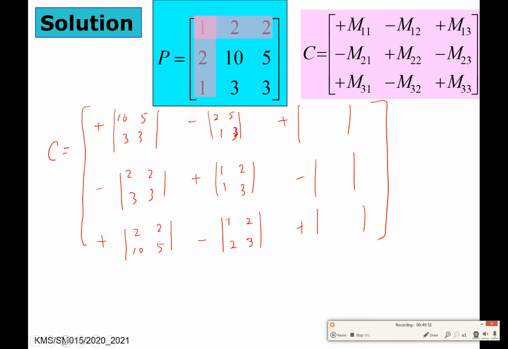I thought this would be a mistake. So 3, 2. Where is the 3, 2? So this is 3.